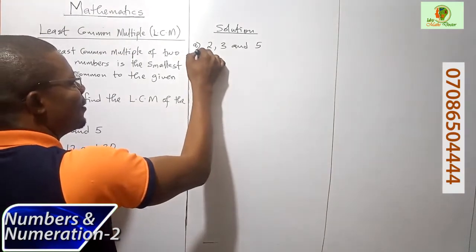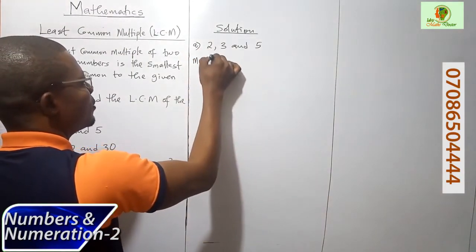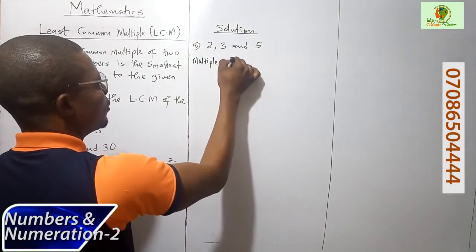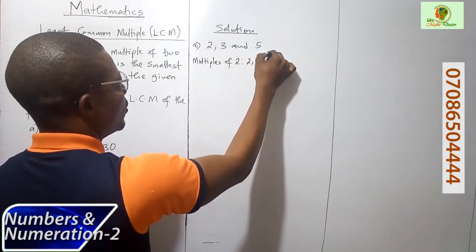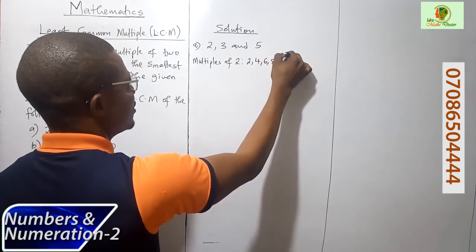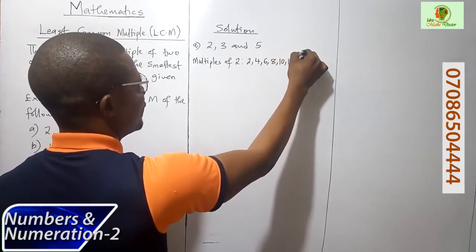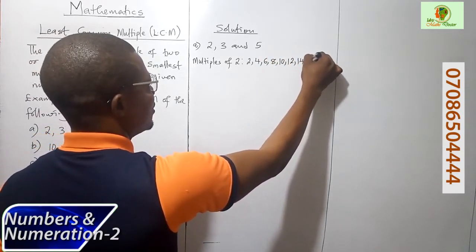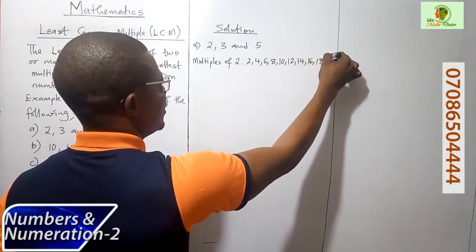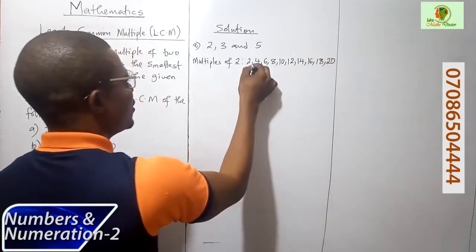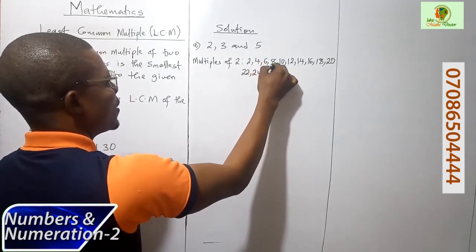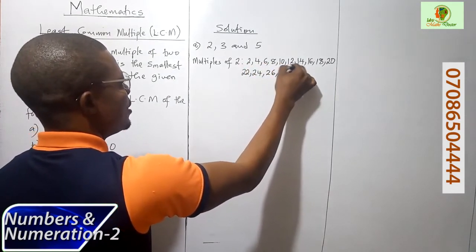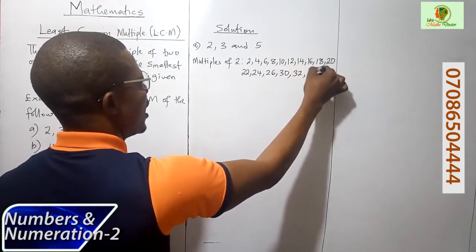Now, multiples of 2 are 2, 4, 6, 8, 10, 12, 14, 16, 18, 20, 22, 24, 26, 28, 30, 32, and so on.